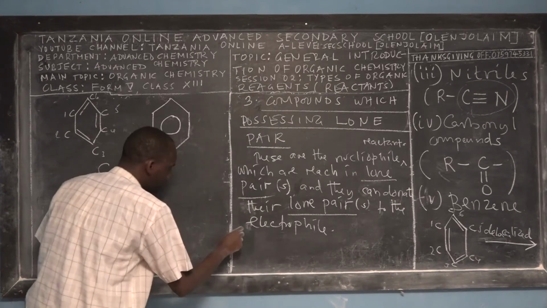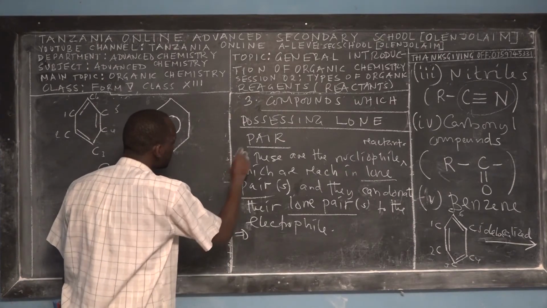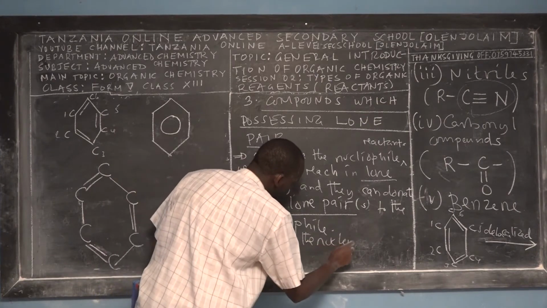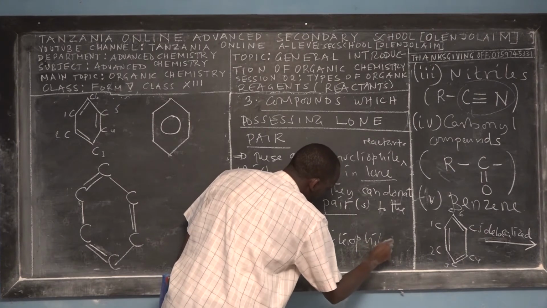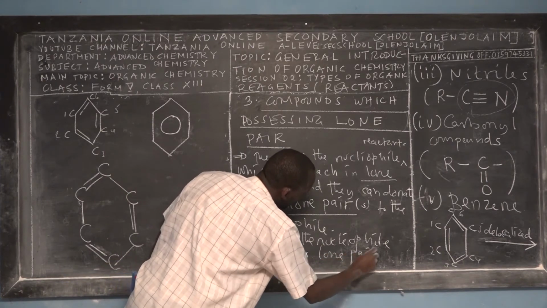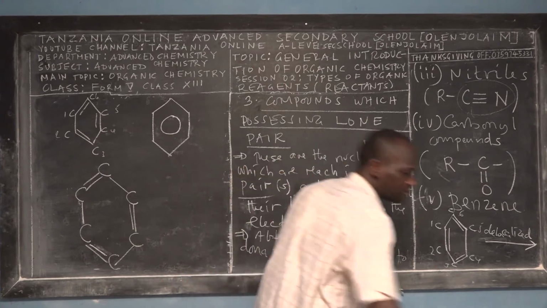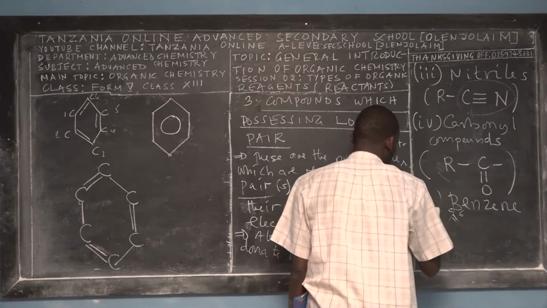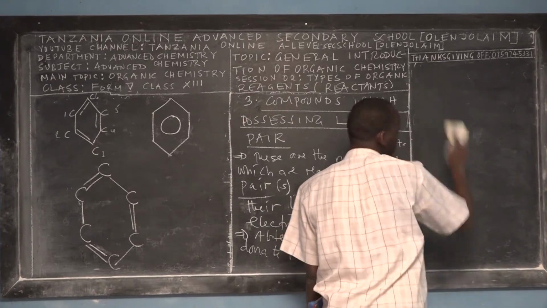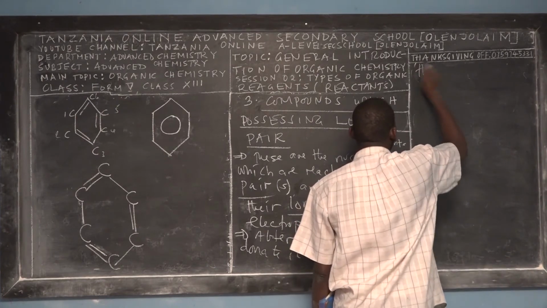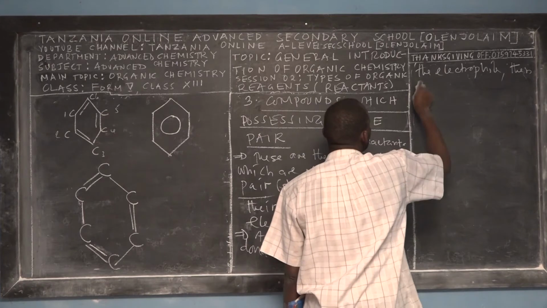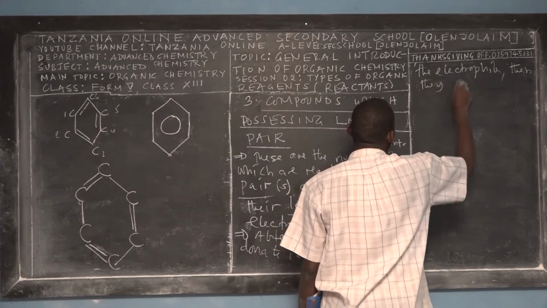Right? Electrophile. So we say that after the nucleophile donates its lone pair to the electrophile, you say that then they form what?